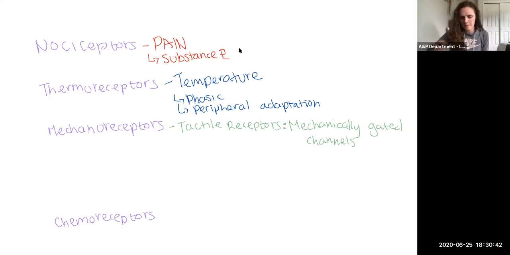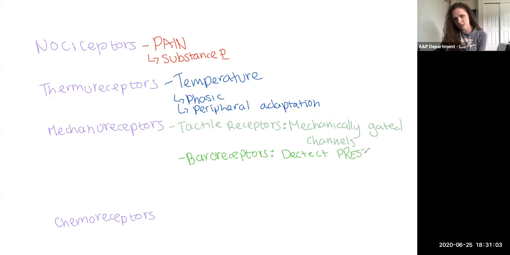Baroreceptors. These are found in your blood vessels only. So they detect pressure changes in blood vessels.